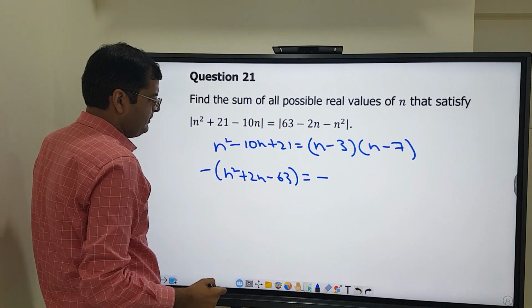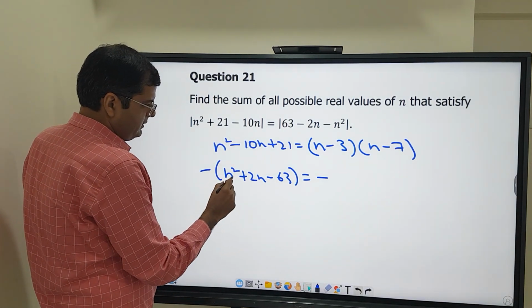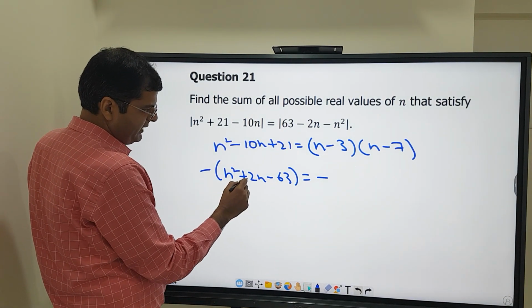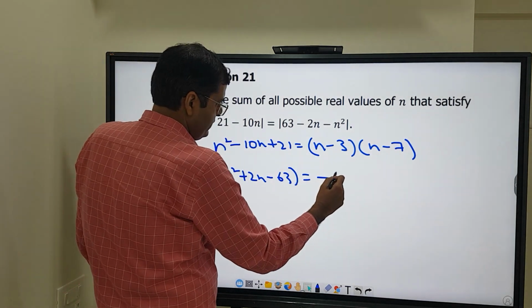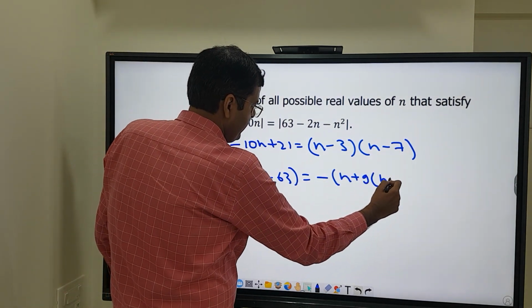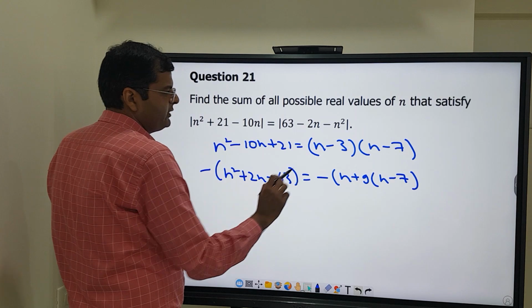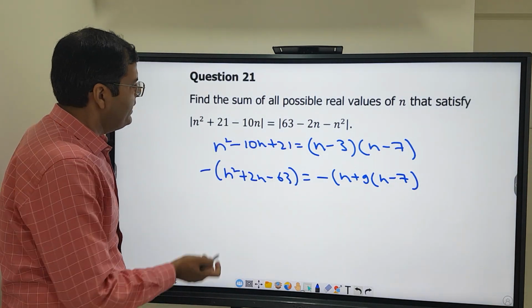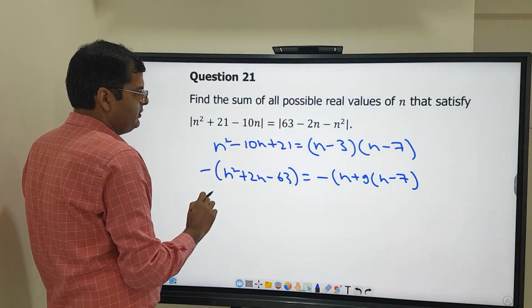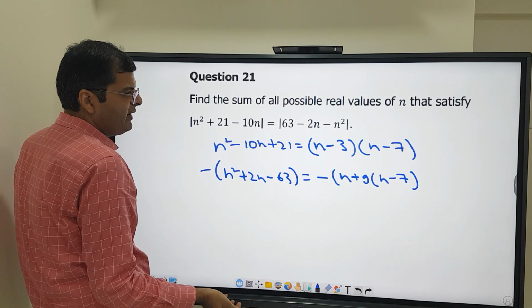So this can be written as minus of n plus 9 and n minus 7. You take the negative out. But if everything is in absolute value, then the negative will not have any effect.